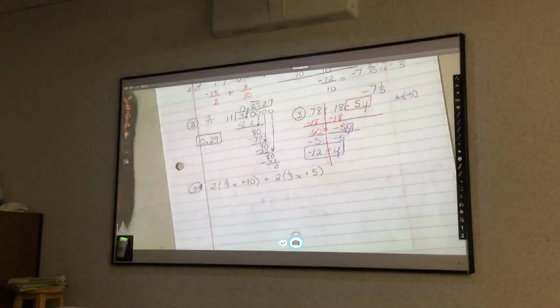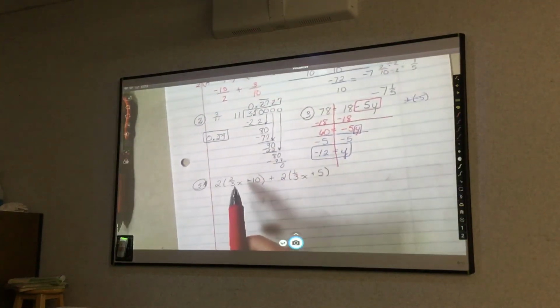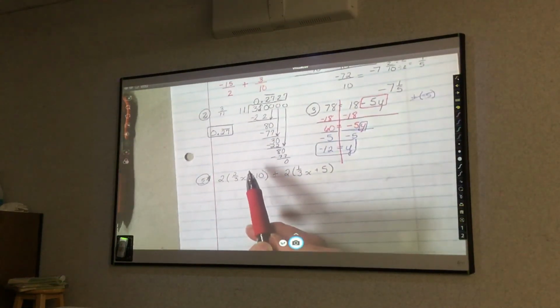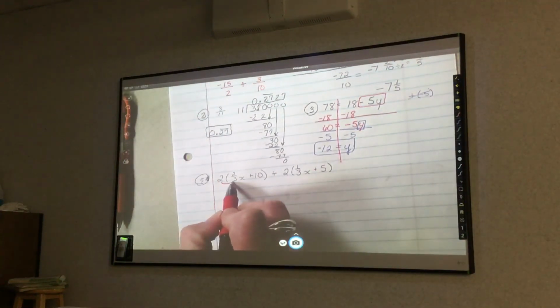I cannot combine what's inside the parentheses because one's an x and one's just a number, so I'm going to do the distributive property.